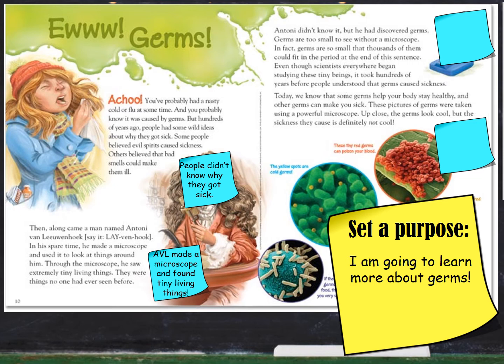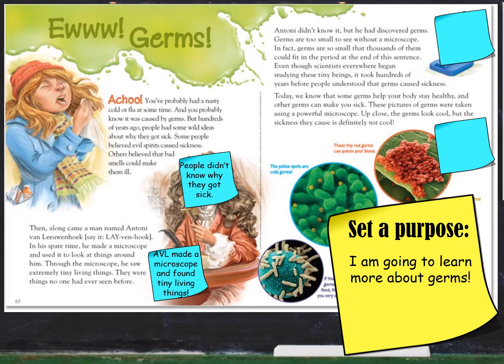Antony didn't know it, but he had discovered germs. Germs are too small to see without a microscope. In fact, germs are so small that thousands of them could fit in the period at the end of this sentence. Whoa, that's a pretty small period. I can't believe 1,000 germs could fit on there.